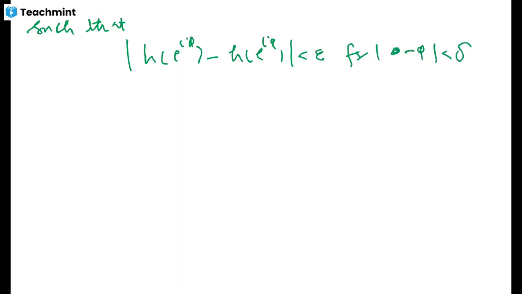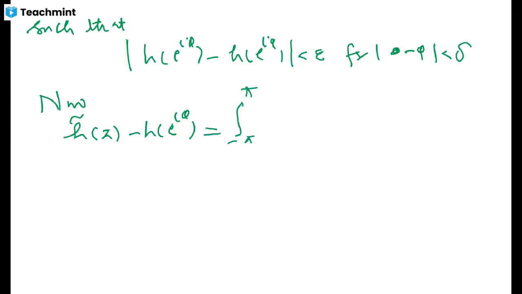Now we have to show that H tilde(z) converges to H on the unit circle. Let us try to look at this estimate, this number. So H tilde is given by the integral representation from minus pi to pi. It is H of z is re^{iθ}.